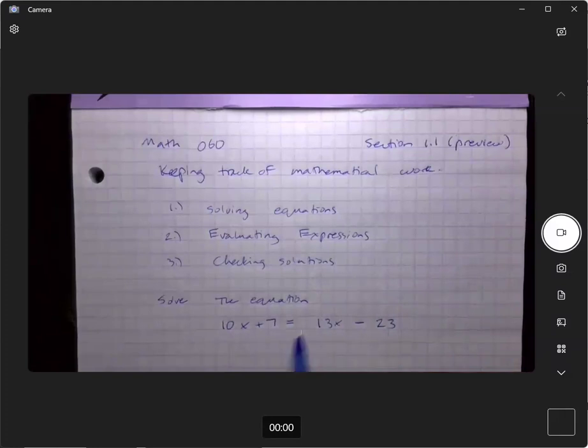When solving equations, you generally want to keep the equal sign right in the center as you work your way down and adjust the left and the right sides. So to solve the equation, 10x plus 7 equals 13x minus 23, you want to find the x that makes both sides equal.